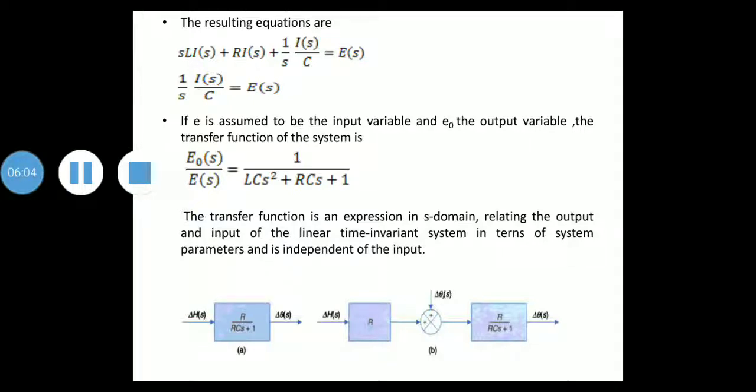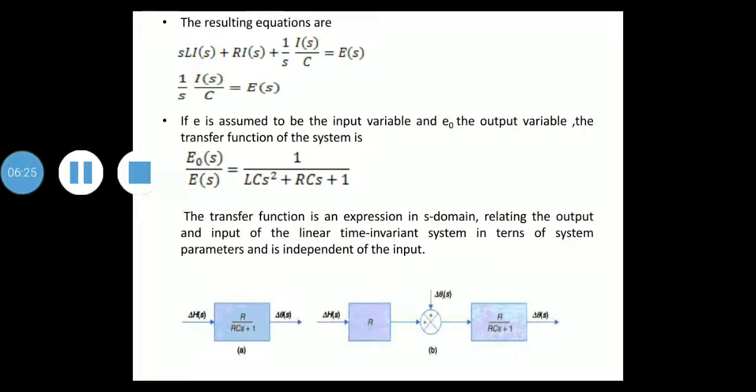If E is assumed to be the input variable and E0 the output variable, then the transfer function of the system is E0(s) by E(s), which will be equal to 1 divided by LC s square plus RC s plus 1.